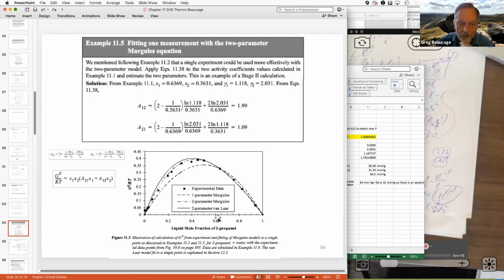It's almost at the azeotrope, just a little bit off it. That's why it matches. It matches that point perfectly, because that point was used to calculate the two parameters. It's the same point that was used for the one parameter Margules, which is symmetric, and this one's asymmetric because of the skew terms in it.